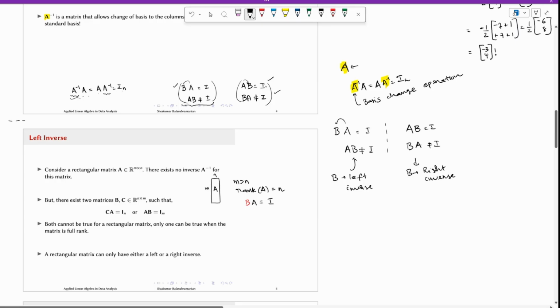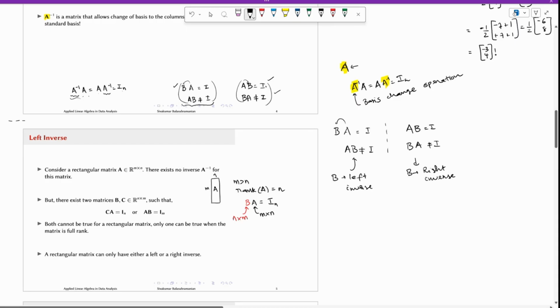But what shape will I be? I_M or I_N? Well, I should first say what the shape of B is. A is M cross N. If B is a left inverse of A, then B will have the shape N cross M. In this case, what will be the shape of I?